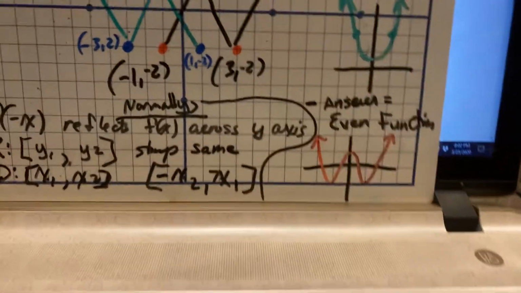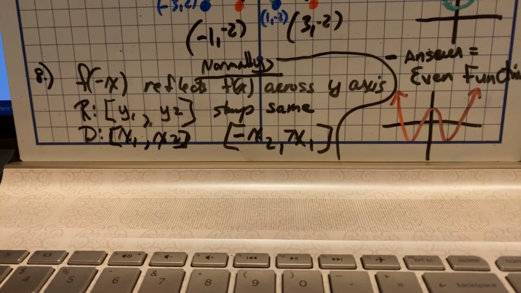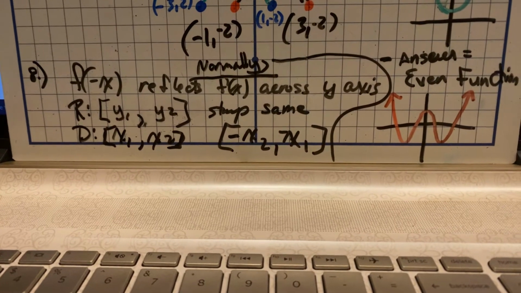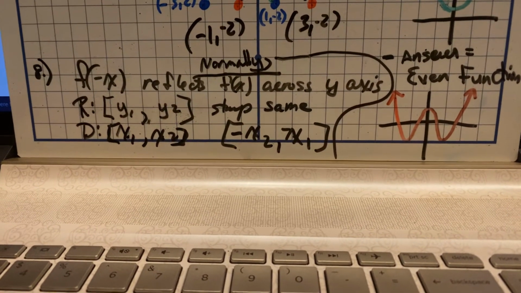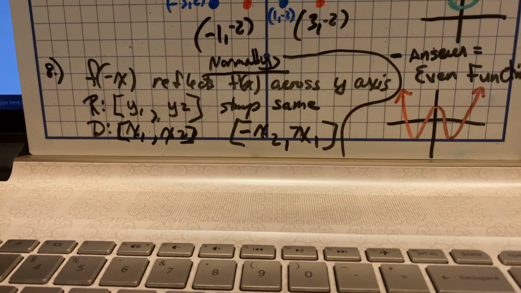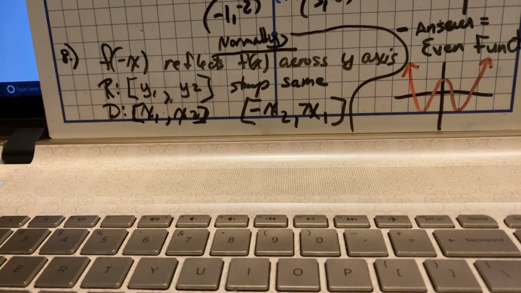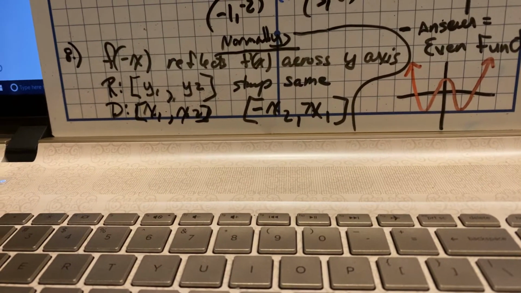Now let's continue on. Reflection question number 8 says, f of negative x reflects f of x across the y-axis. So what happens with our domain and range? The range y1 to y2 will stay exactly the same. What's going to happen is the domain is going to change.